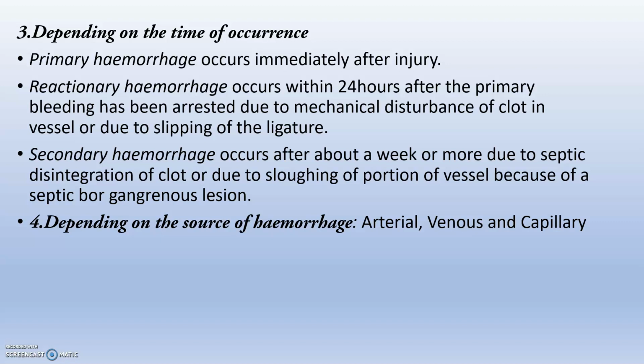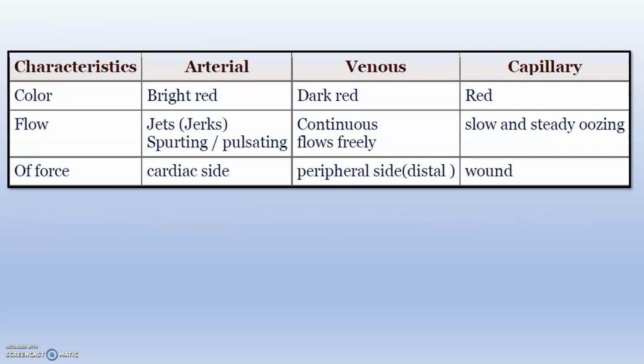Next, depending on the source of hemorrhage, that is arterial hemorrhage, venous hemorrhage, capillary hemorrhage. We can differentiate them by three characteristics: color, flow, and force.